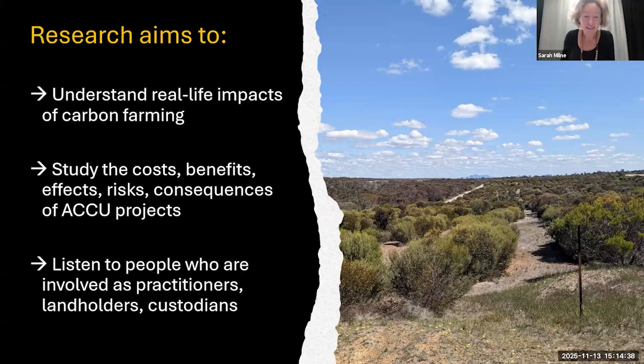And to do that, we set out to study the costs, the benefits, the effects, the risks, the consequences, both intended and unintended, of a range of environmental planting schemes. And the method really is in qualitative social science. This is about listening to people who are directly involved in these projects, and that includes practitioners, landholders, and custodians.